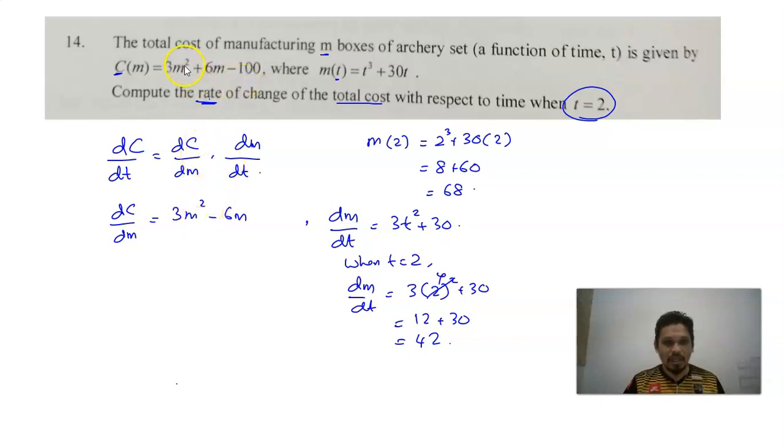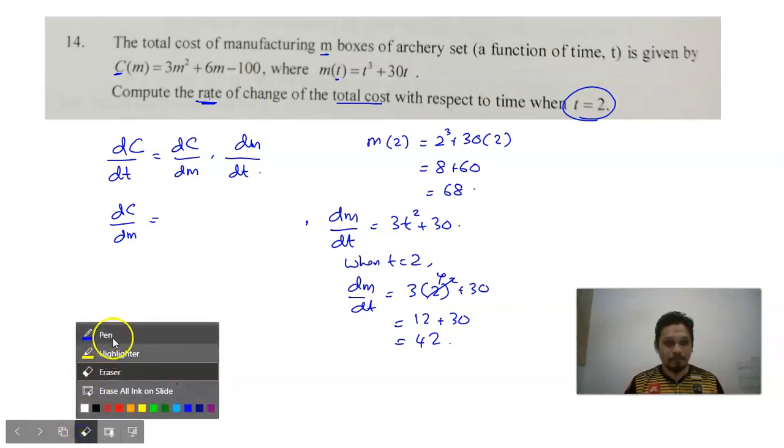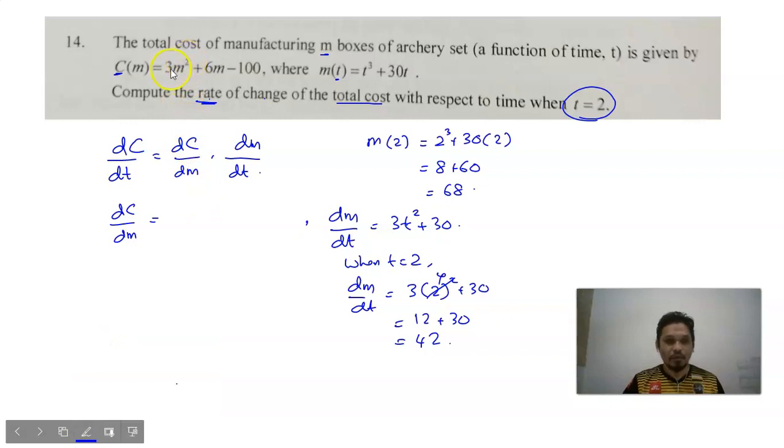It's supposed to be dC/dm equals 2 times 3, which equals 6m plus 6. Okay, I made a mistake here, sorry.